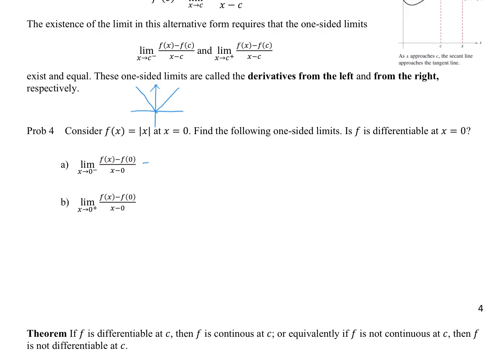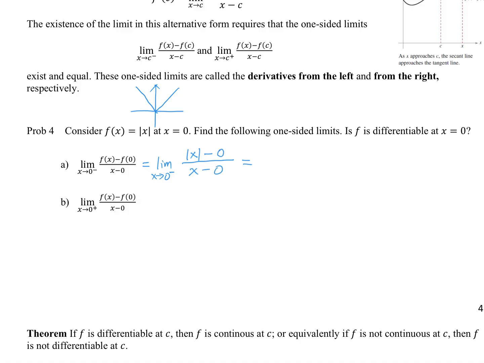Now let's first plug in the function. f of x is absolute value of x, minus, because we're interested in what happens at 0, f of 0, which is 0. Absolute value of 0 is 0. The bottom is x minus 0.